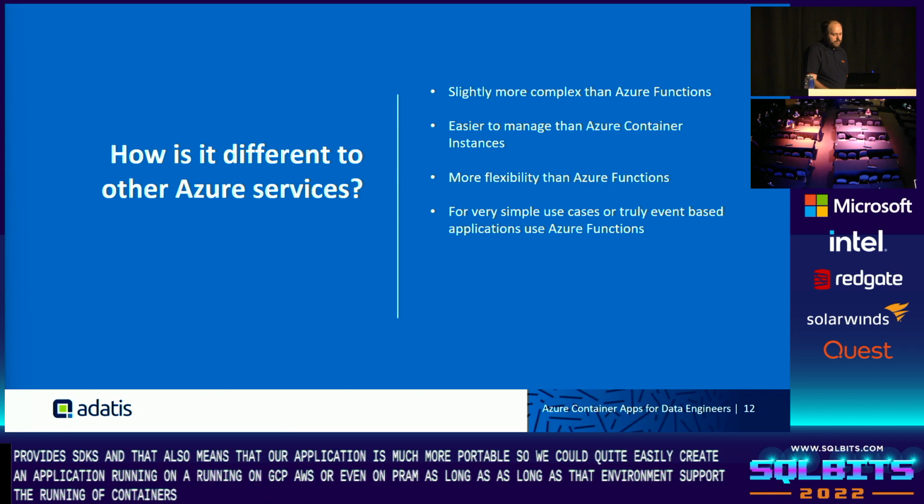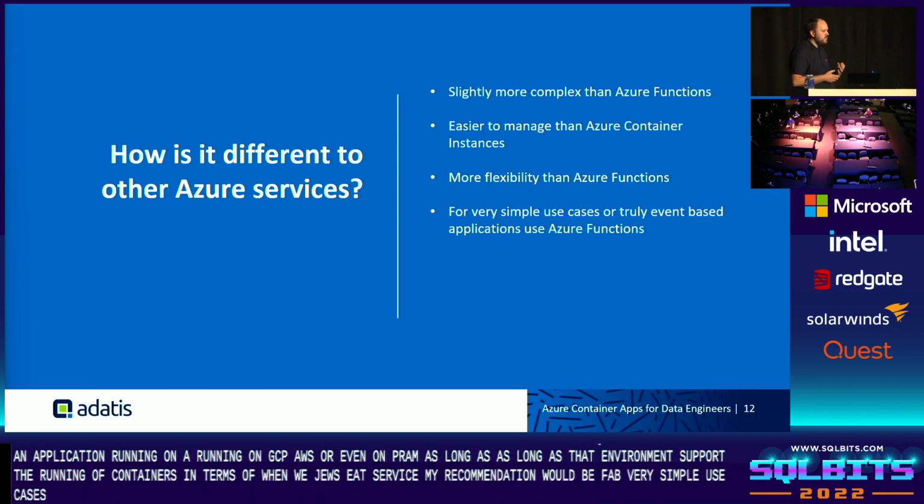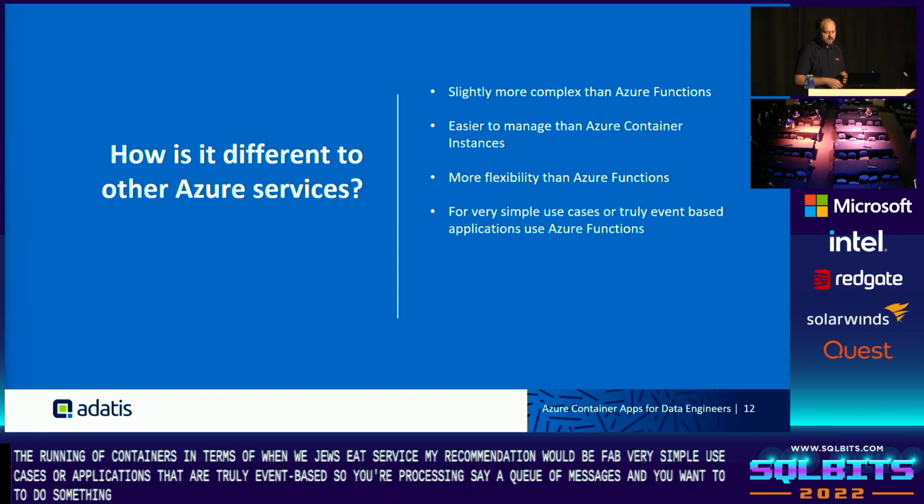In terms of when we'd use each service, my recommendation would be for very simple use cases or applications that are truly event-based, where you're processing, say, a queue of messages and you want to do something with those messages, then I'd probably go with Azure Functions.